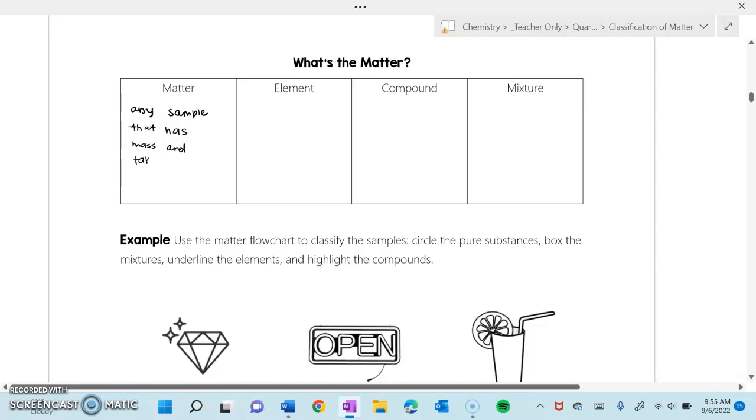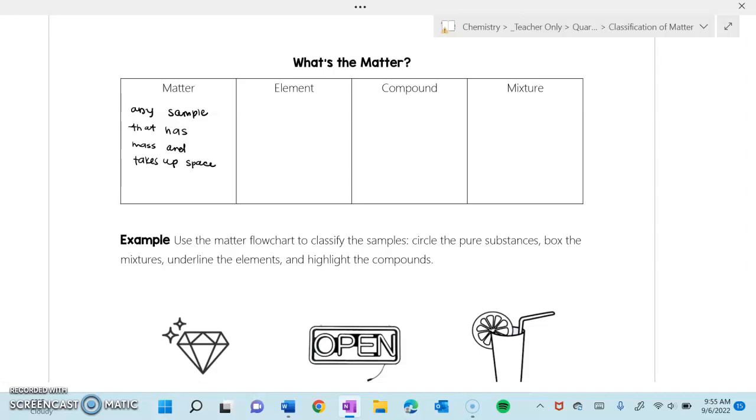Examples of things that are not matter are more abstract things like ideas, emotions, even energy. Those are not material things that we can touch and grab and observe, yet they still exist. So matter is those samples that have mass and take up space.